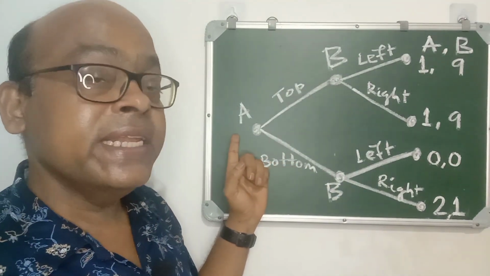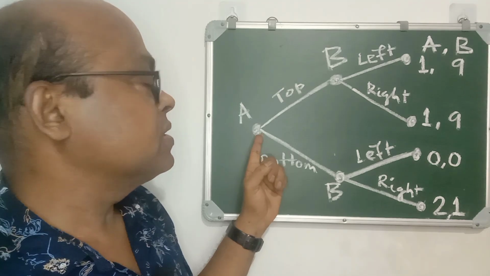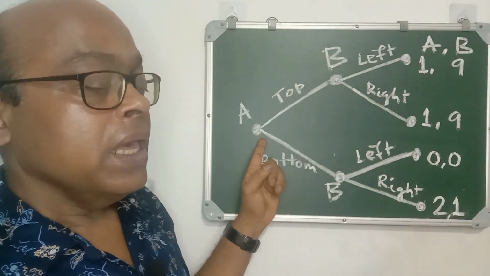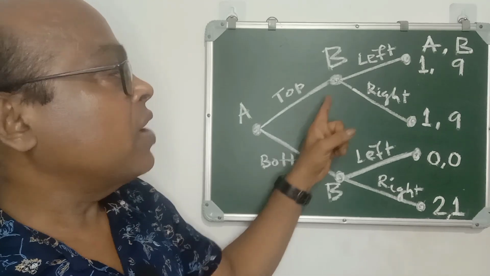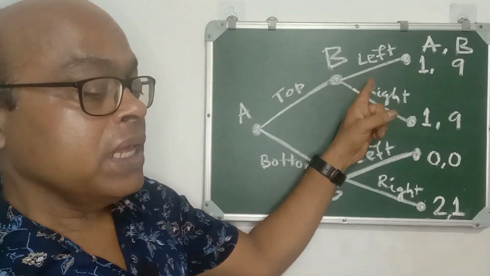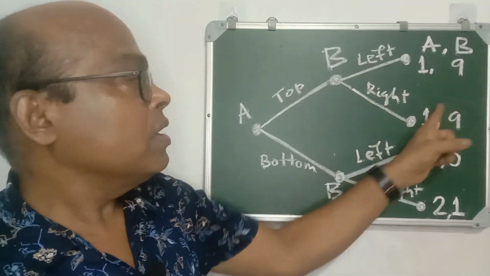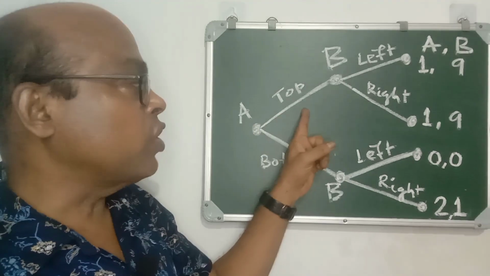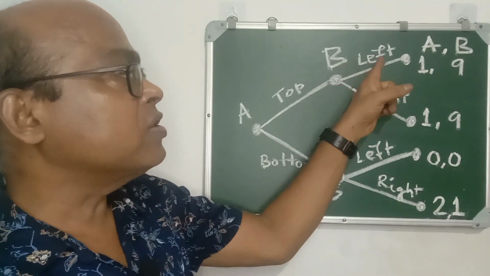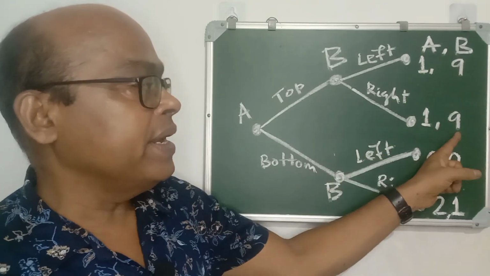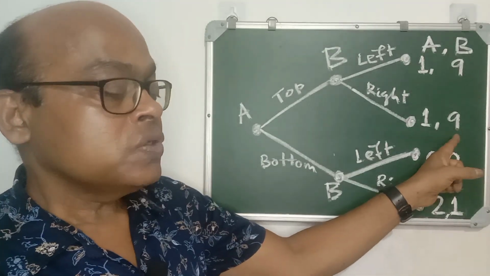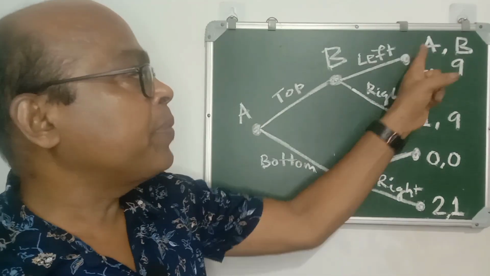Now think about player A's initial choice. If A chooses top, then B chooses either left or right, and the outcome will be 1, 9. So for A, the payoff is 1.